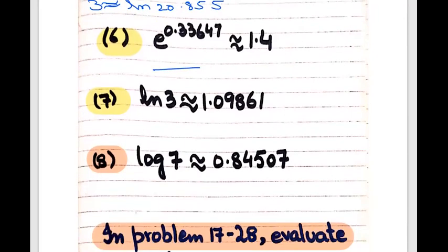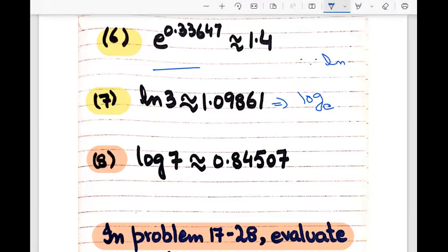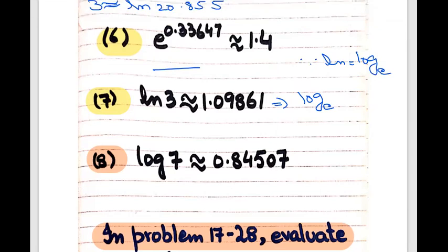Next question is to convert this logarithmic function into exponential form. To convert it into exponential form, we need the base. So we can write ln as log with base e, as we know that ln is basically log with base e, and 3 is the same.